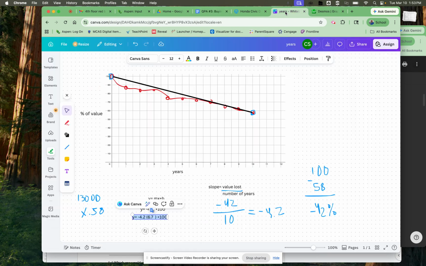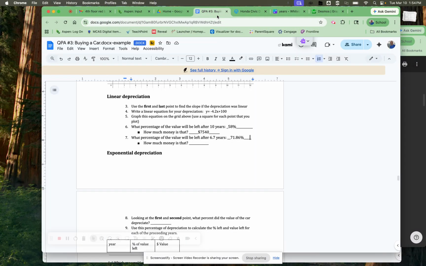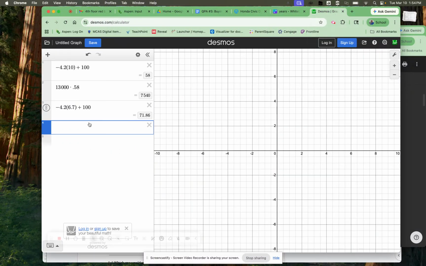So I'm going to do the same thing. Instead of taking 58%, I'm going to take the value of my car and multiply it by 71.86%. So 71.86 divided by 100 is 0.7186.